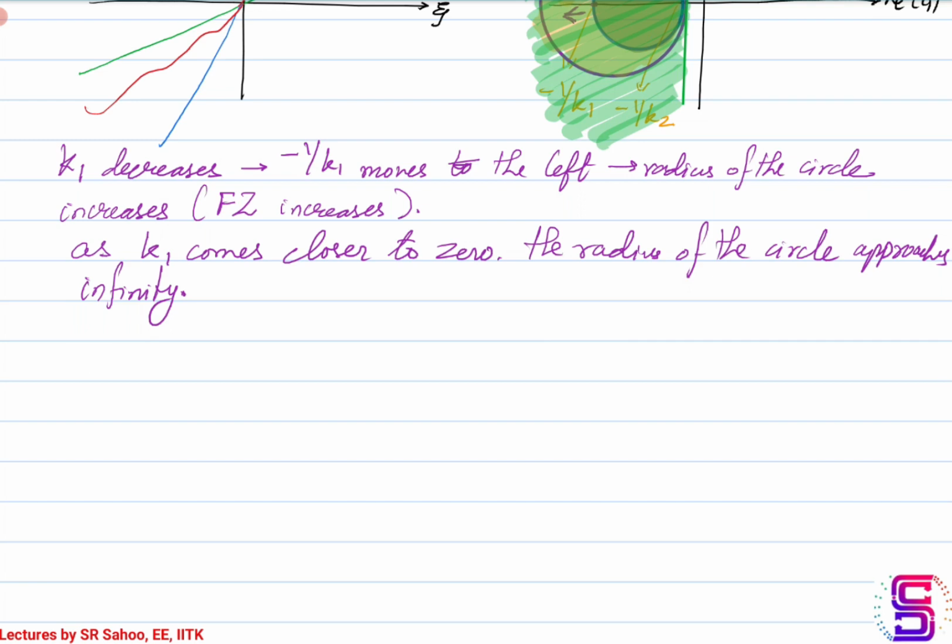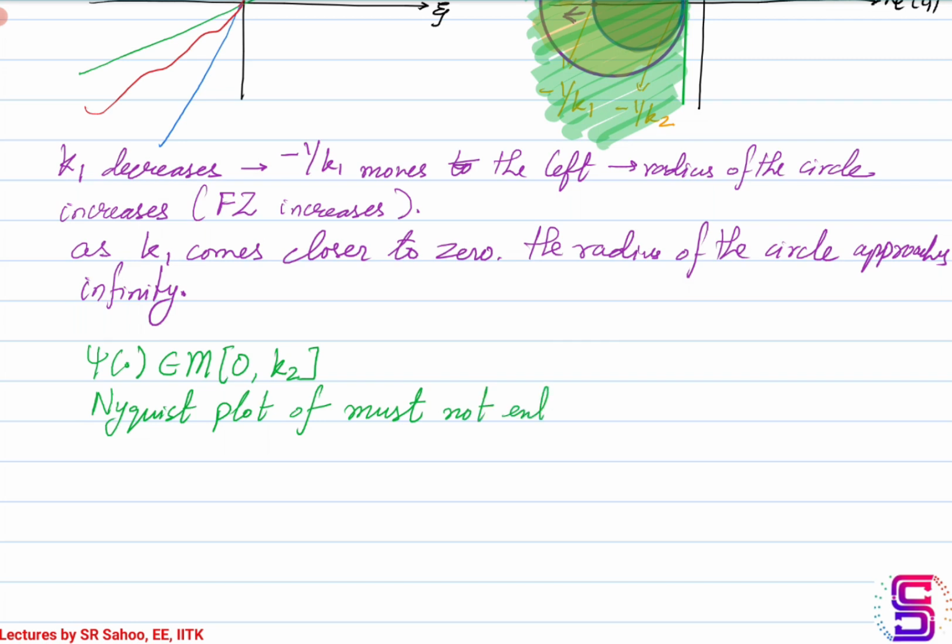So let me choose the pen. So if the sector nonlinearity is in the 0 k2 sector, then the circle criterion gets modified to the fact that the Nyquist plot of G must not enter, or rather I should say must lie strictly to the right of, must lie strictly to the right.